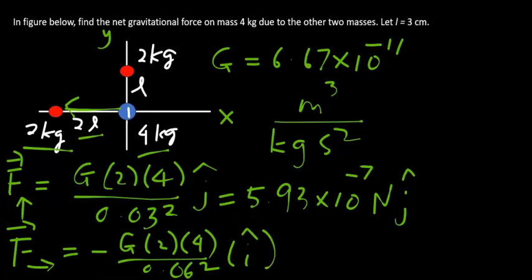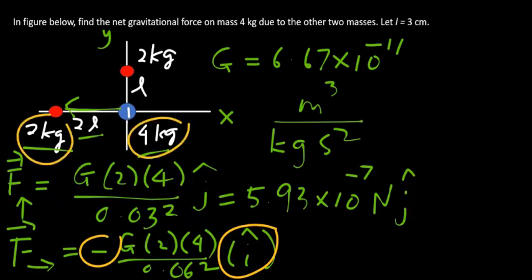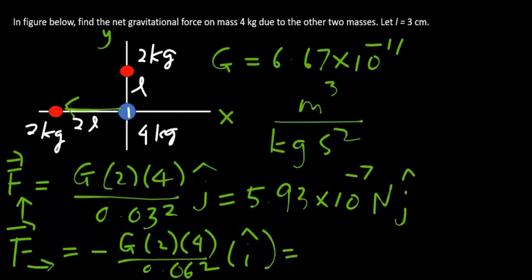So you see now you have a minus i hat because the direction of that pull from the 2 kg on that 4 kg is to the left. And the numerical value for that force is minus 1.48 times 10 to the power minus 7 newtons in the minus i hat direction.